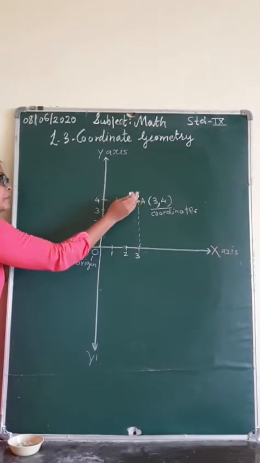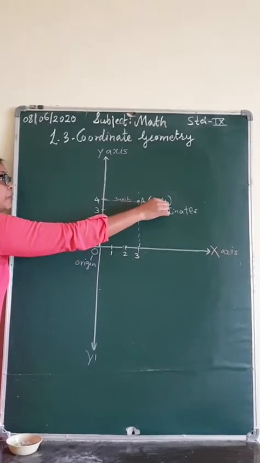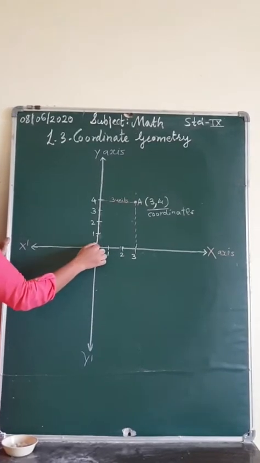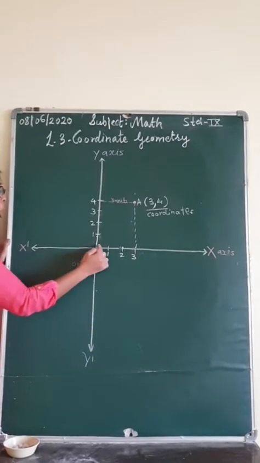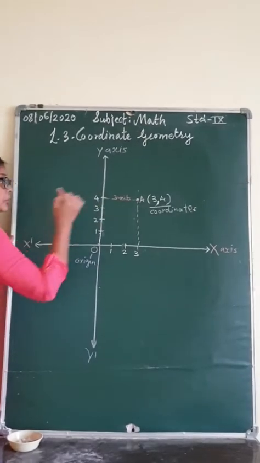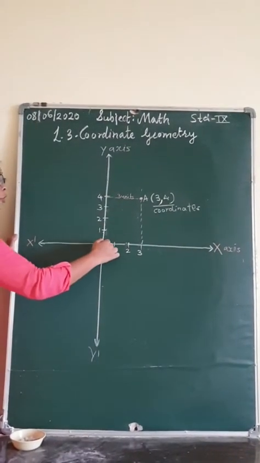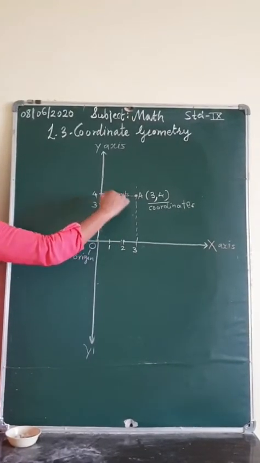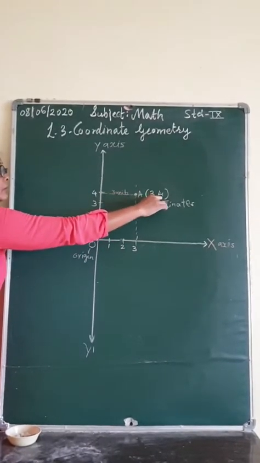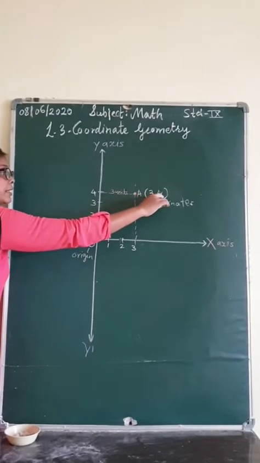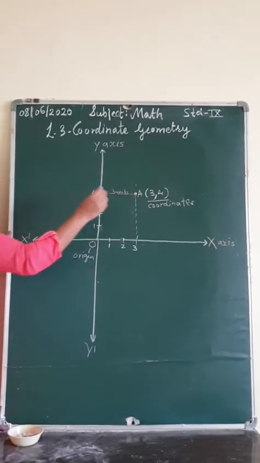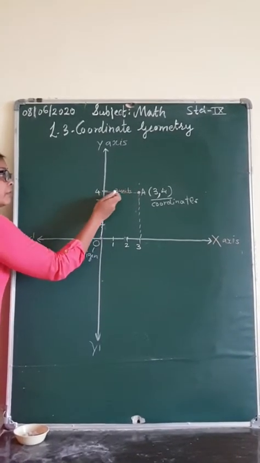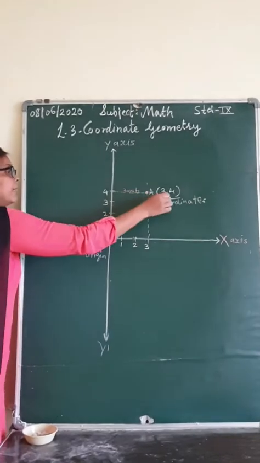If point A has coordinates 3, 4, it means it is 3 units away from the y-axis horizontally, and 4 units away from the x-axis vertically, that is written as 4 here. The horizontal units are written first and then the vertical units.